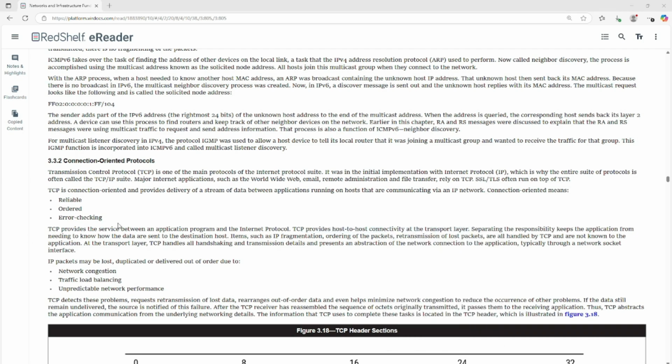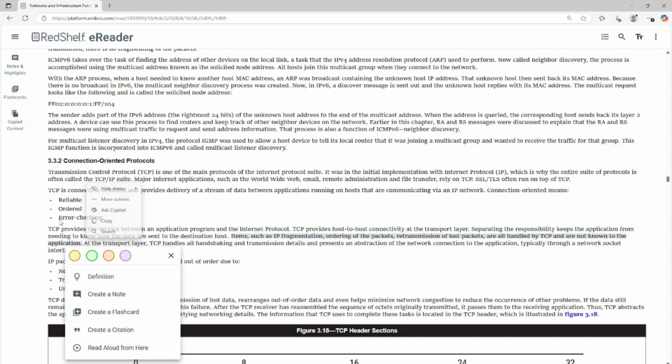These are the three things that are involved in that connection. You want to be aware of what it does. Items such as IP fragmentation, ordering of the packets, and retransmission of lost packets are all handled by TCP and are not known to the application. That's why it does error checking.